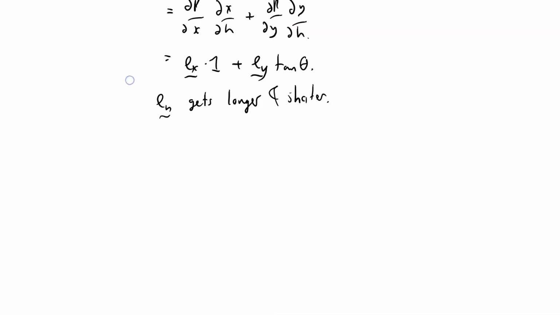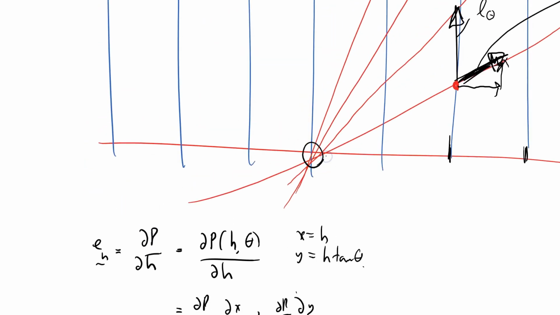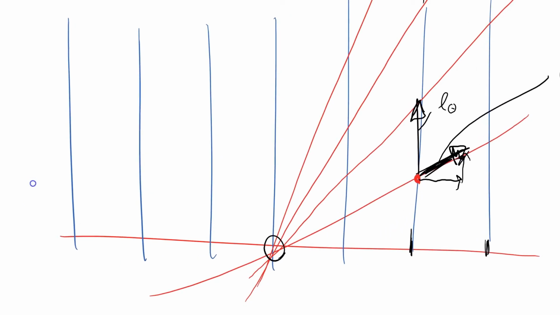So EH gets longer and shorter in different parts of the plane. Well, that's just tough. That's just the way it is. We'll see examples later on where this becomes very important, especially when it becomes a singular point. We'll see places where it's really important.